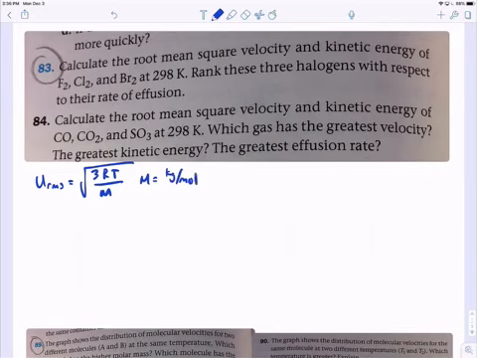I'm just going to do it for fluorine, but F2 is 38 grams per mole.